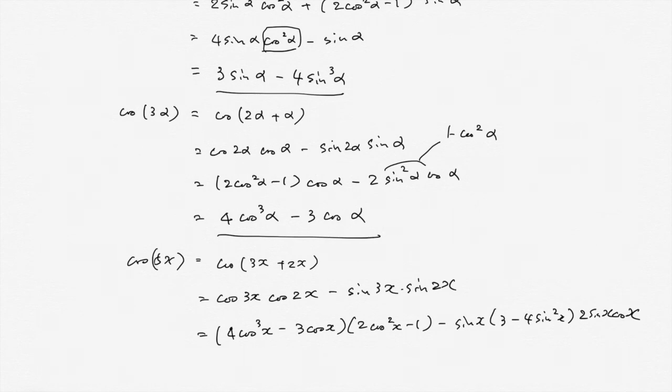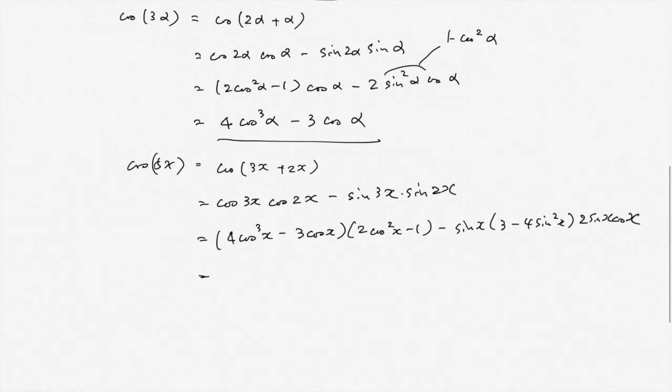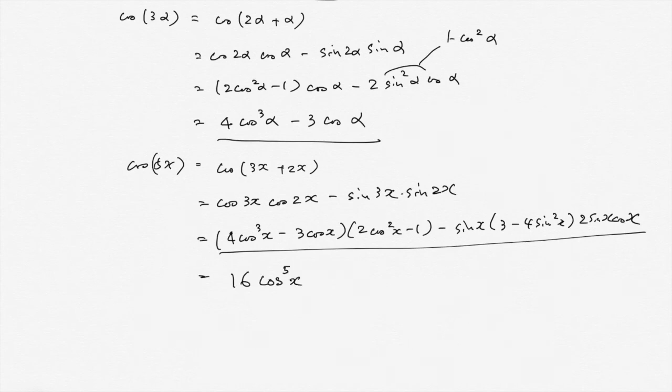Okay, then you can expand these equations. Its final answer is 16 cosine 5th x minus 20 cosine cube x plus 5 cosine x. Okay, so this is the answer to these questions.